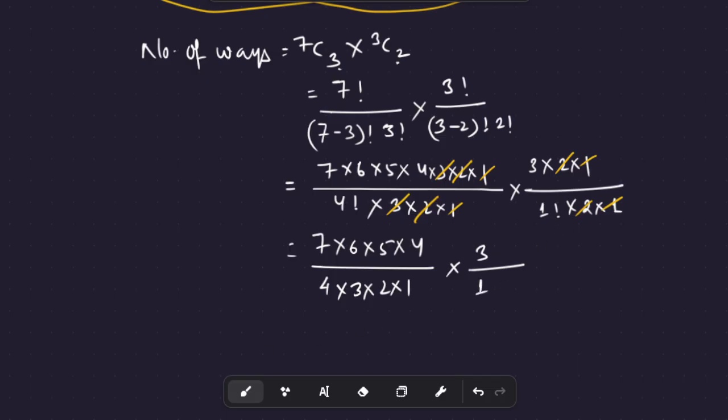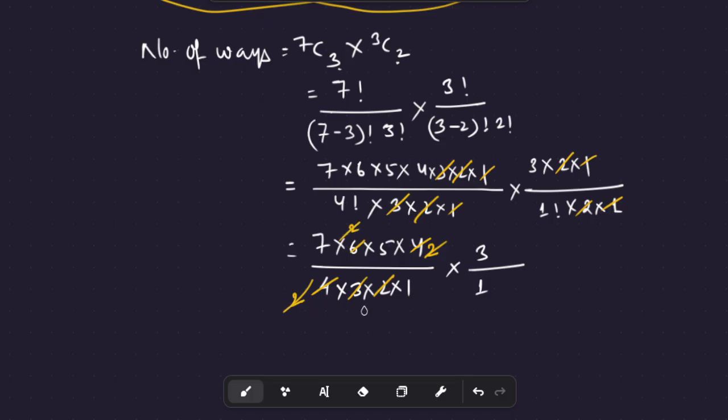Now again it can be cancelled. 2 cancels this 4 and 2 remains, because 2 times 2 is 4. 3 cancels the 6, and this 2 cancels 4 and becomes 2. 2 cancels this 2.